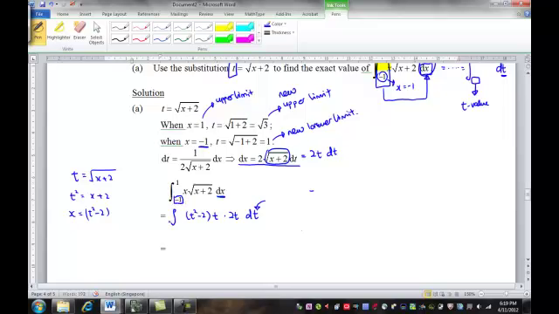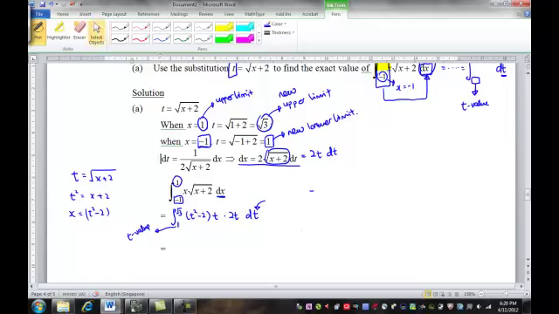When x was -1, we get the new limit to be 1. Now, this is a t value now. When x was 1, the upper limit, the new upper limit now, which is a t value, is square root 3.